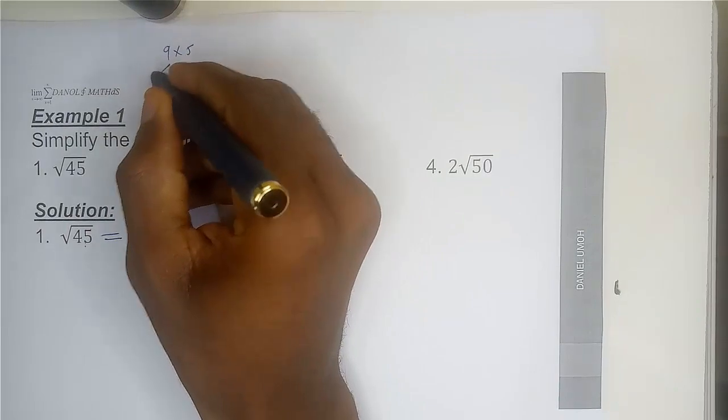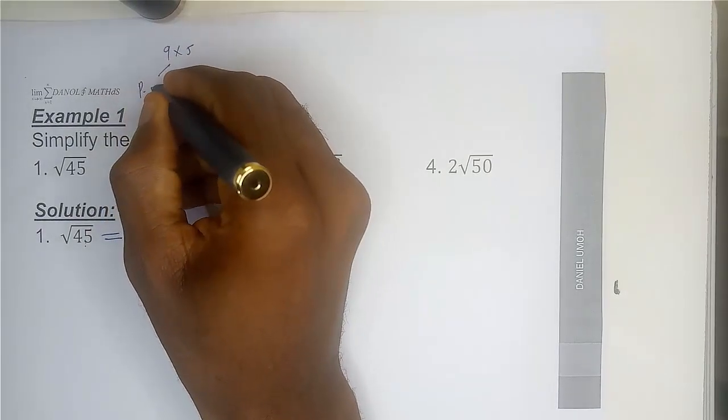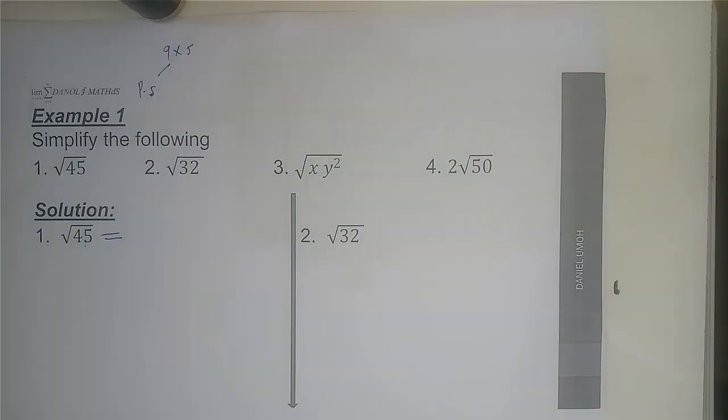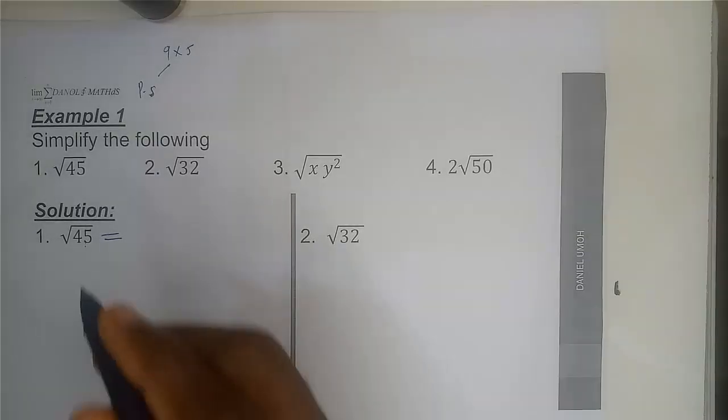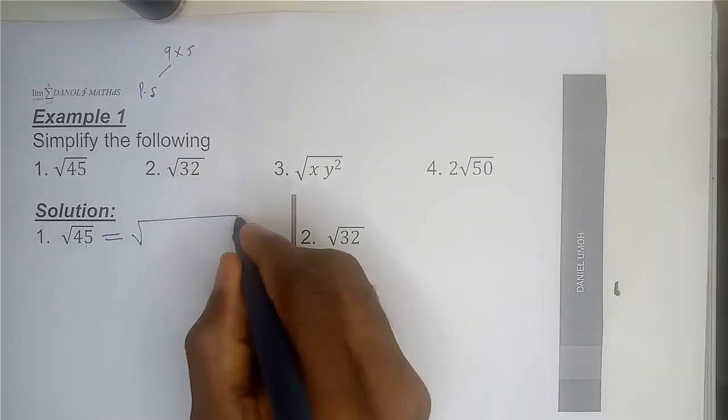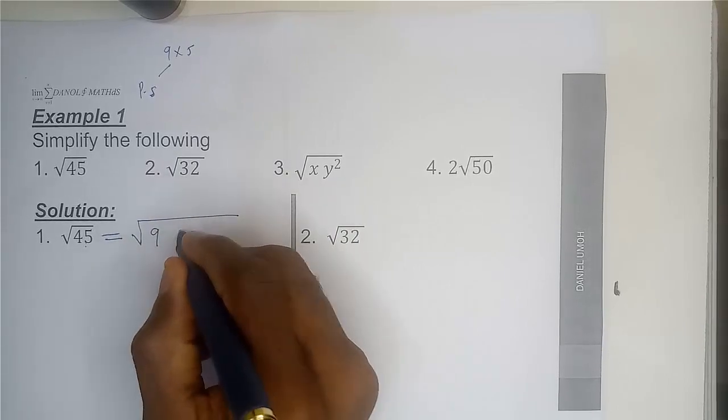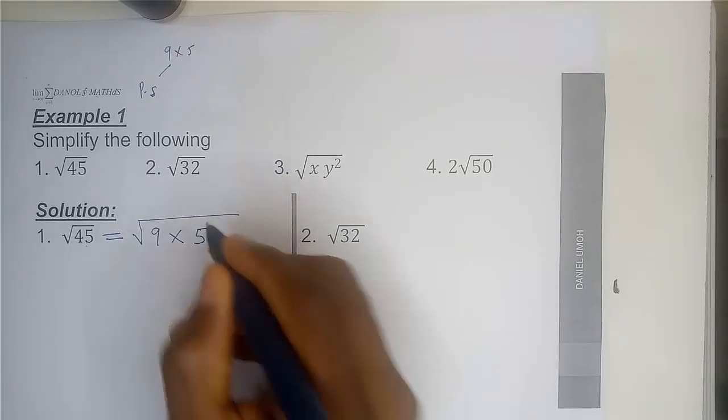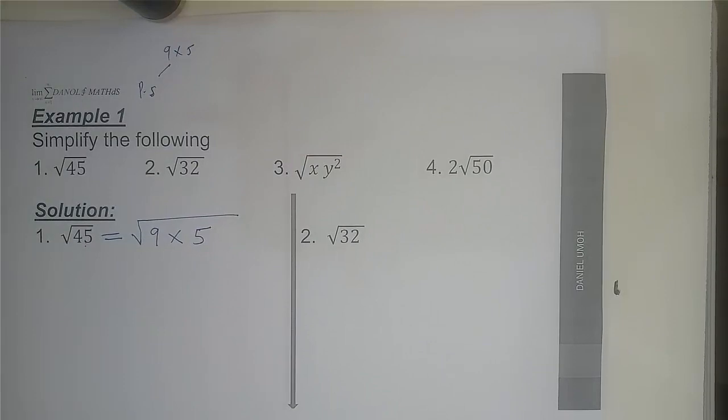And then 9 here is what? A perfect square, because the rule says at least one of the numbers must be a perfect square. So this will give me square root of 9 times 5. Now remember our rule for surds.